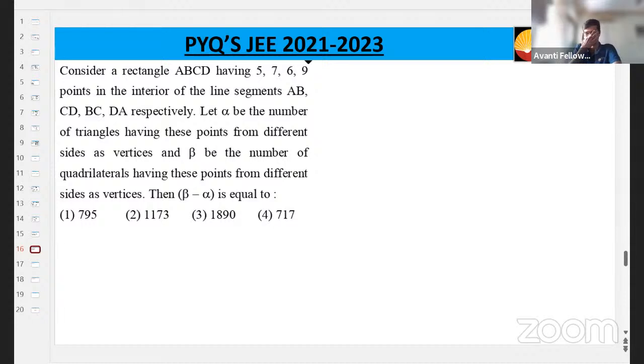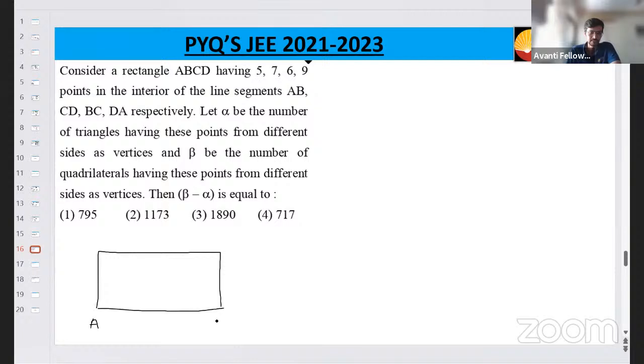So what can we do here? The word interior should not be there. What the question means is that we have a rectangle ABCD. I think this is what the question means.